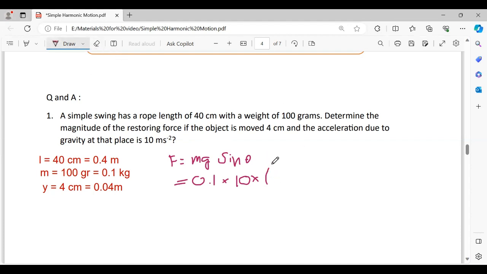Y over L. Okay. And it becomes 0.1 times 10 times y 0.04 over 0.4, over L. Okay.